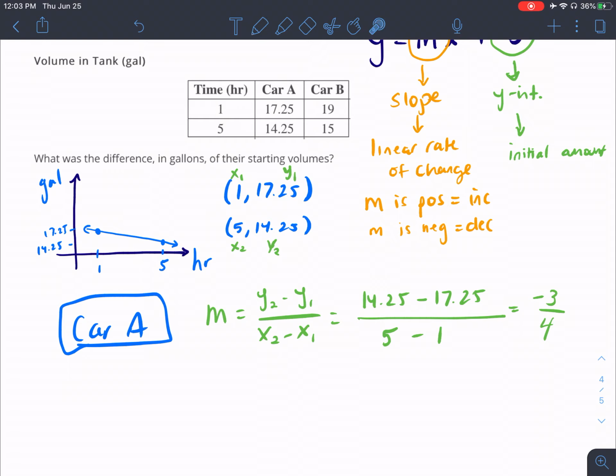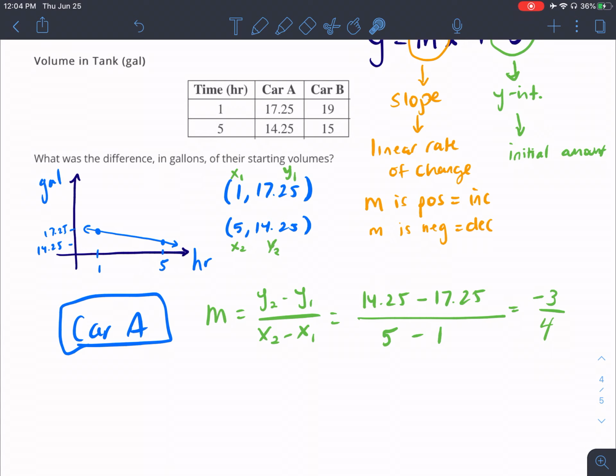So you can stop here at this fraction. And since the y values correspond to gallons and the x values correspond to hours, this is telling you that you're losing 3 gallons for every 4 hours that you travel. Okay, so that's the way you can see it with that fraction.